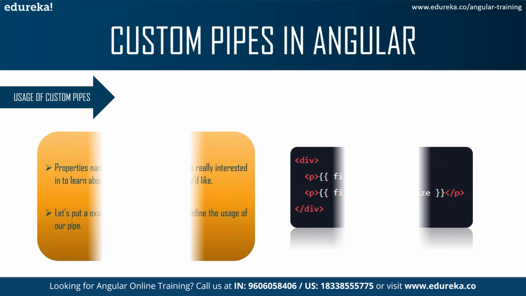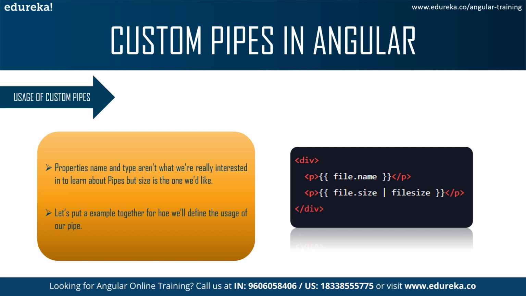With that, the next thing that I do is, again, I have created my property in my template file within my paragraph tags. So the first thing that I'm going to do here is give my custom pipe a name. As you've already seen, my custom pipe's name is file.